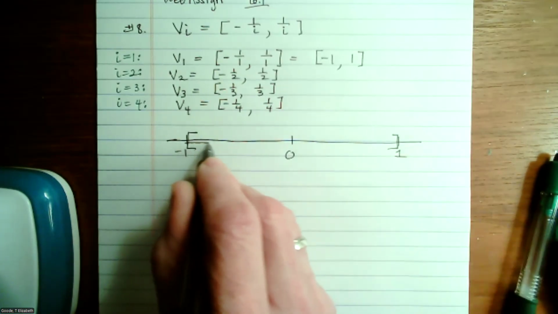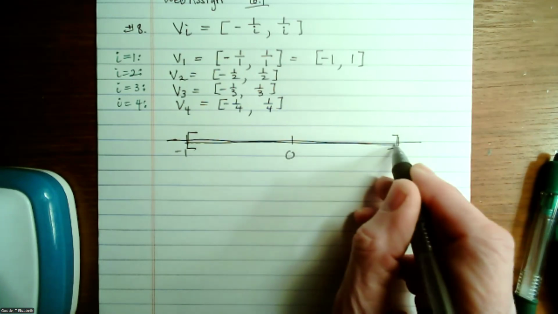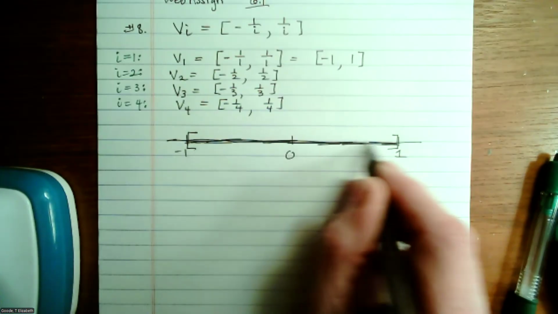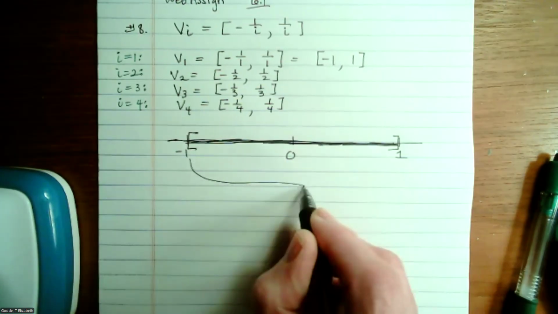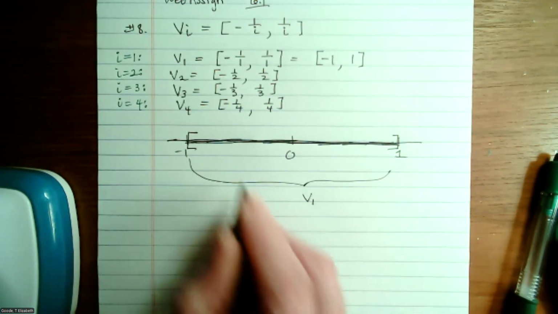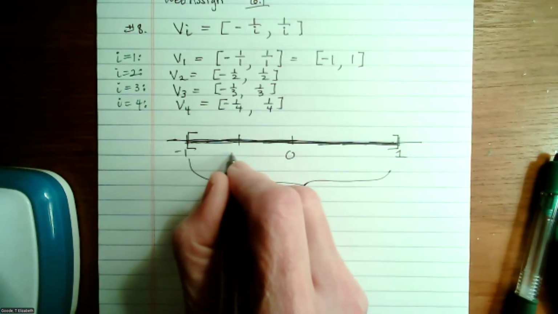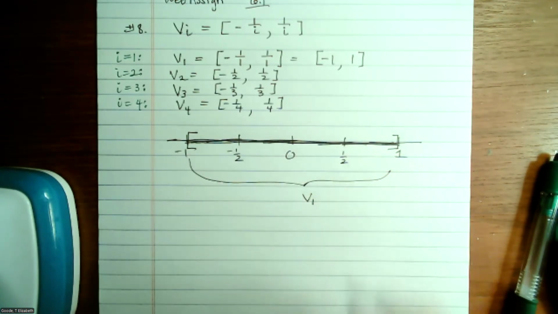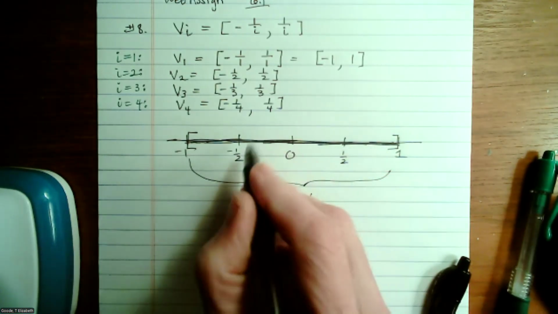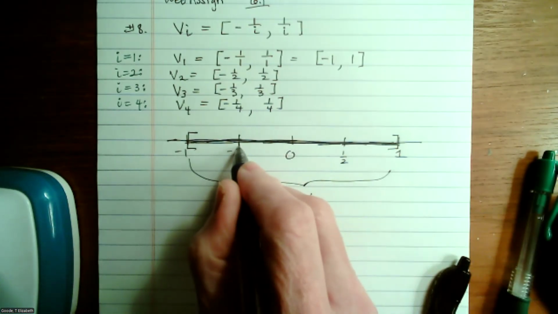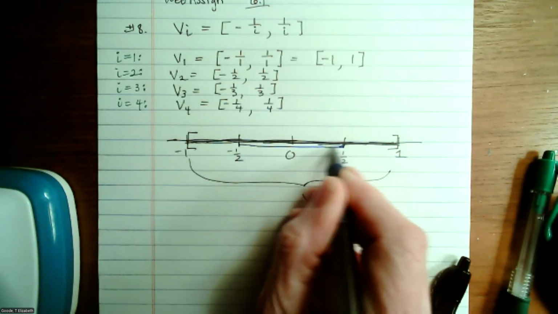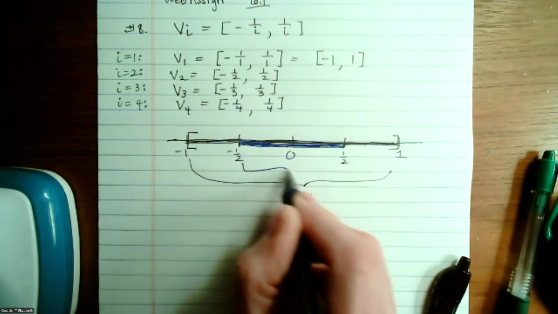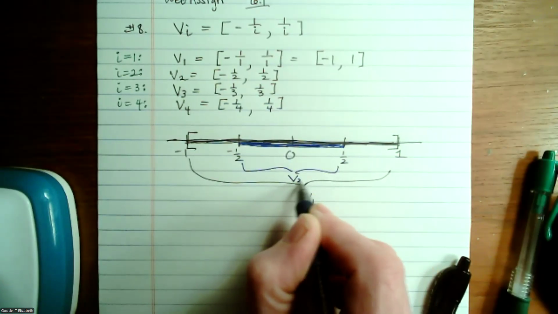I'm going to draw it kind of big because things start to tuck into one another. This entire interval is V sub one. We're moving from the largest value toward the smallest value. That's right, because it kind of splits things in half. V2 only goes from negative one half to positive one half, so V2 is tucked inside V1.